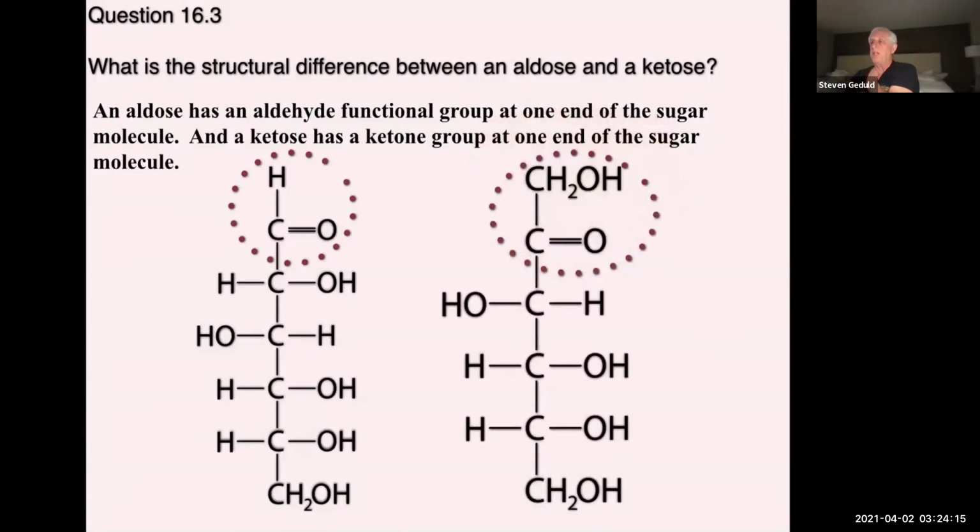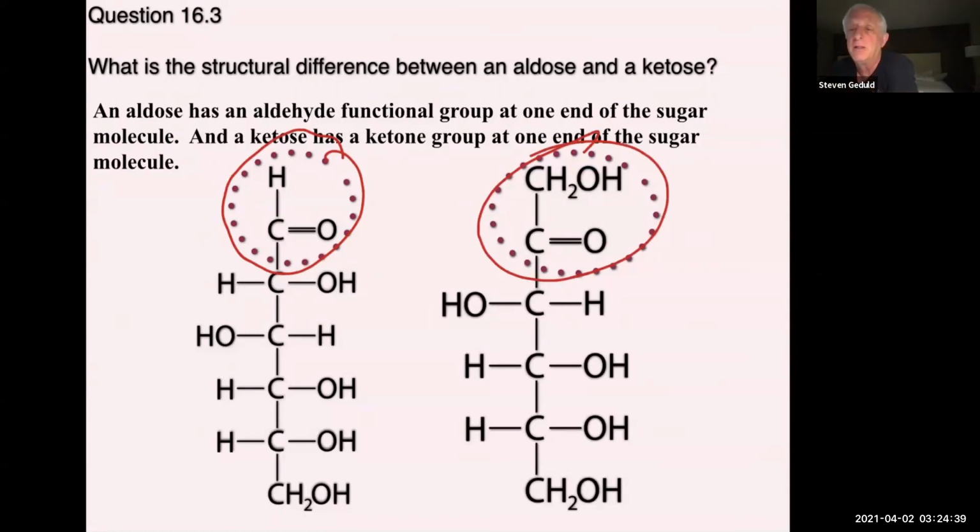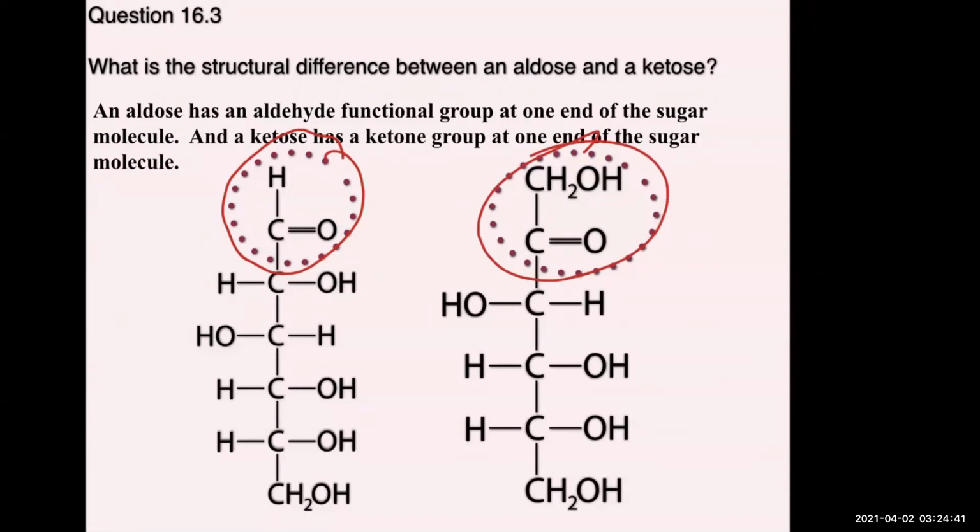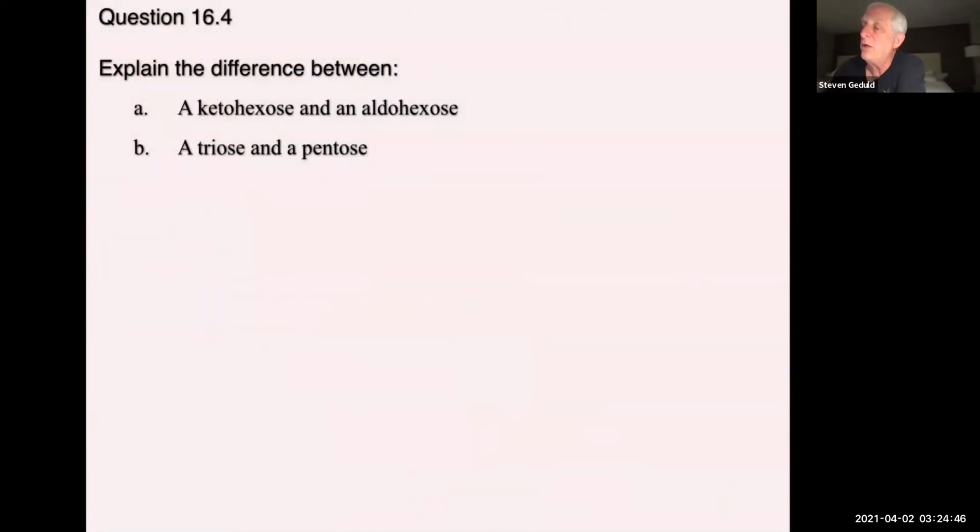And this one is a ketose, a ketohexose sugar. Everybody see the difference between the aldehyde group and the ketone group? You can identify that on a test, right? Yes. All right, perfect.